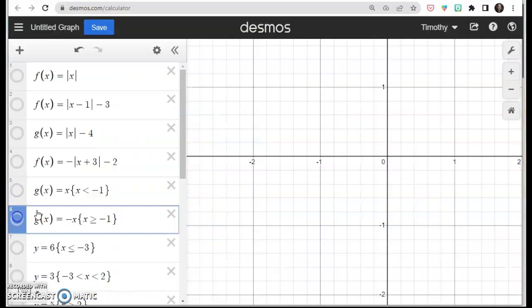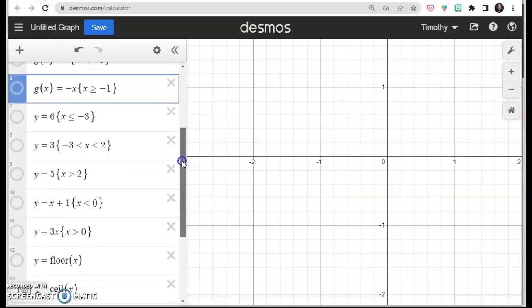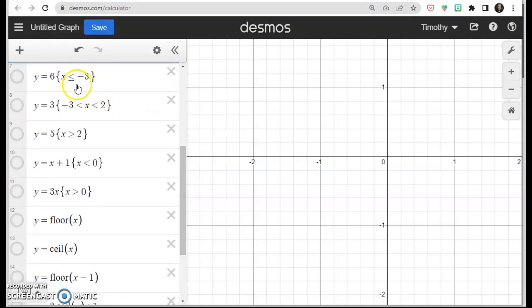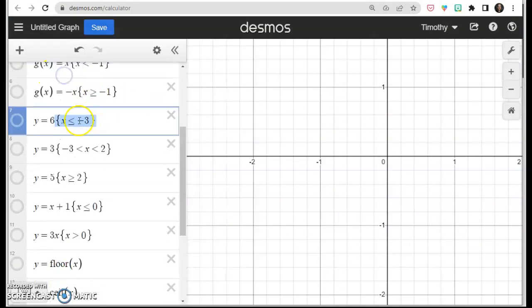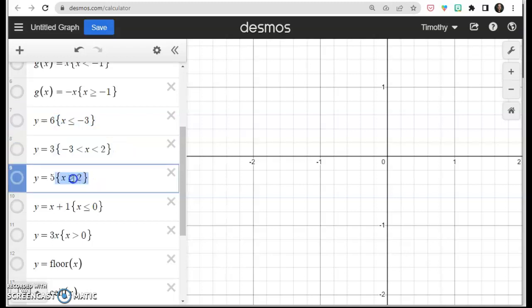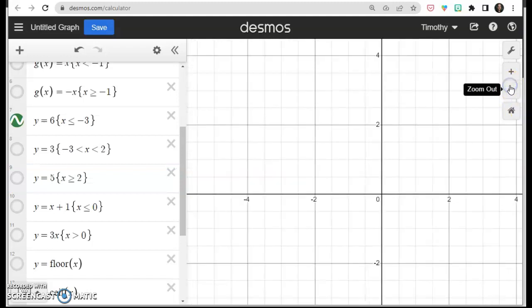Let's turn off our previous functions. And I have those piecewise again, and please notice how I note the intervals with the curly parentheses or brackets. Alright, we'll turn on -6 first, and we have to zoom out to see this.